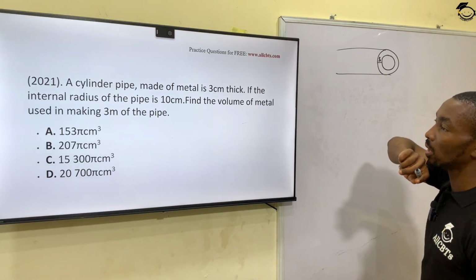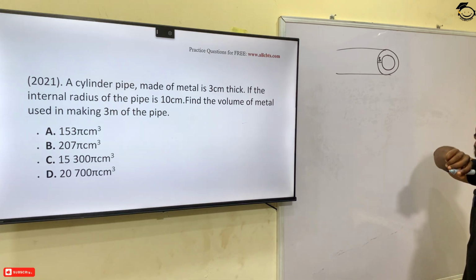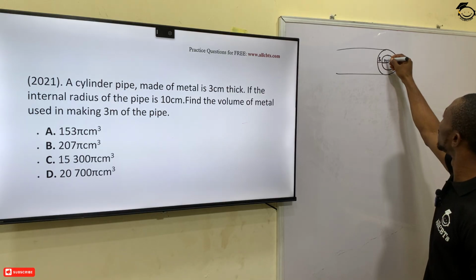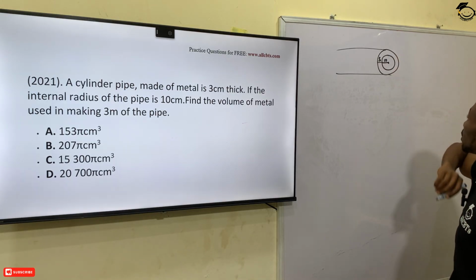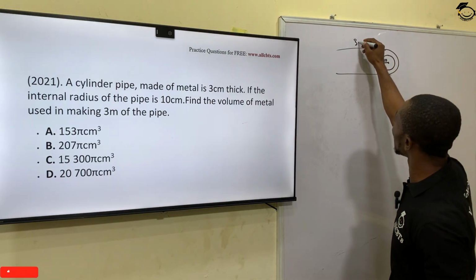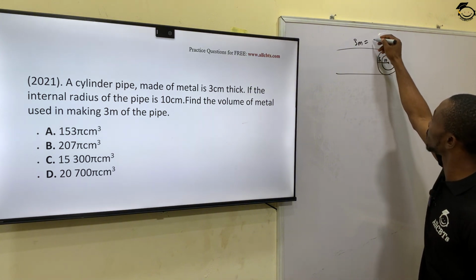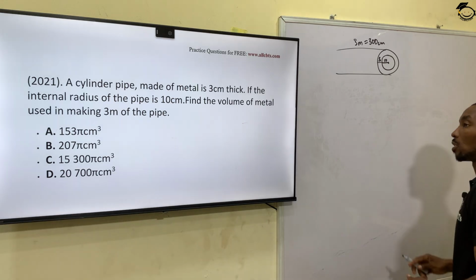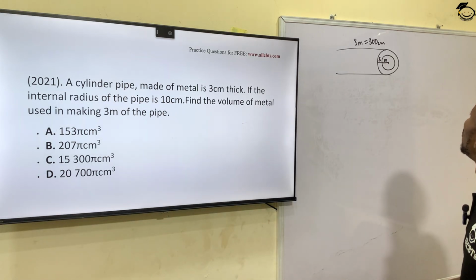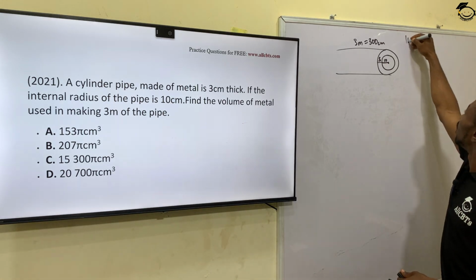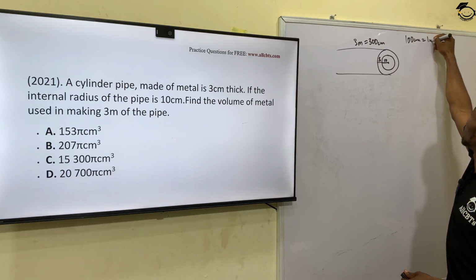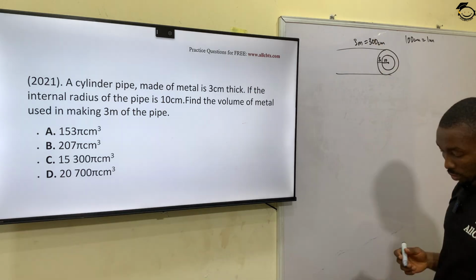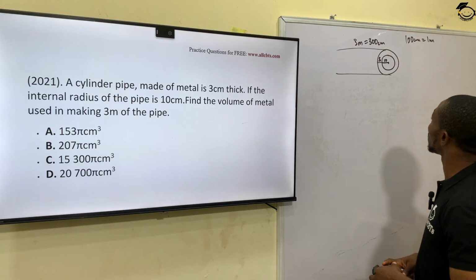The internal radius is 10 cm, and the length is 3 meters. Since 100 cm equals 1 meter, 3 meters will be equal to 300 centimeters.